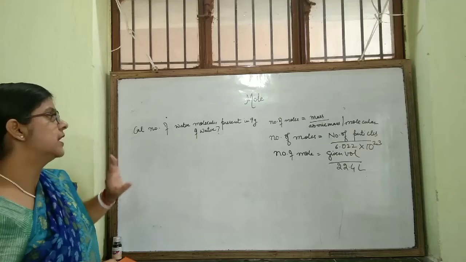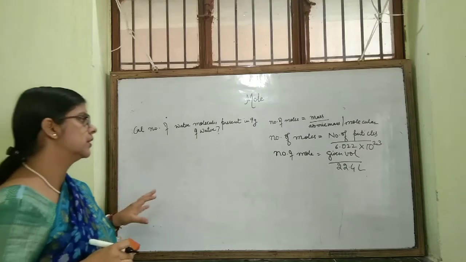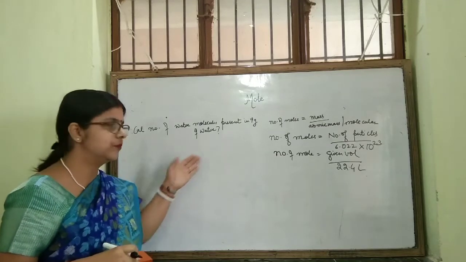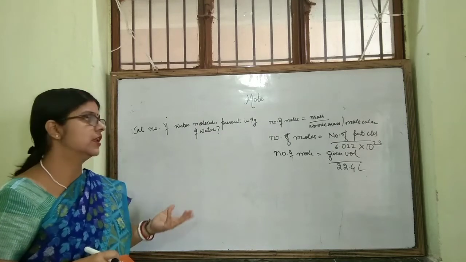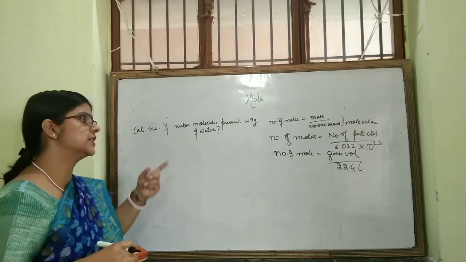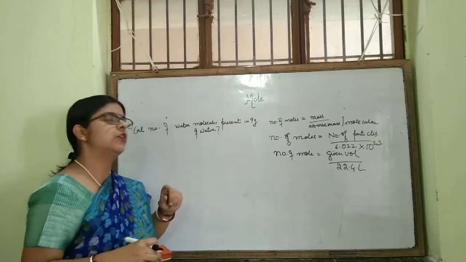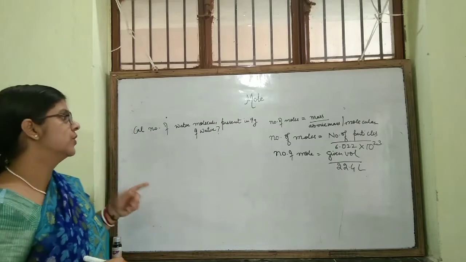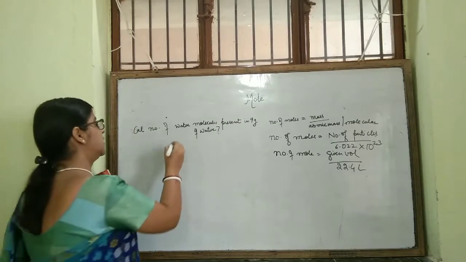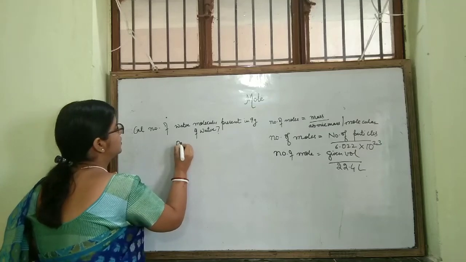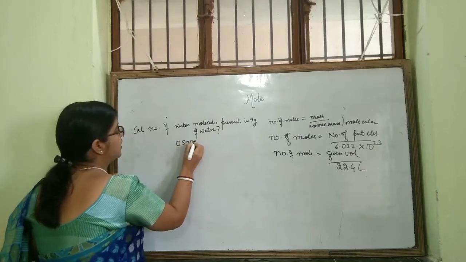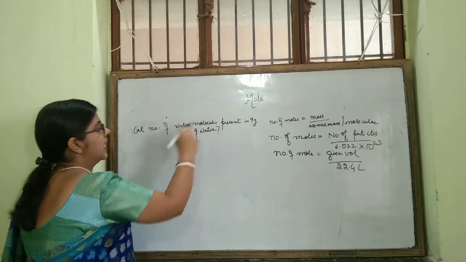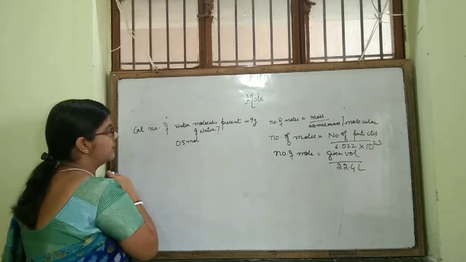We all know that 9 gram of water is equal to how many moles? Just now I had written that number of moles in terms of mass is equal to mass by molecular mass. So 9 gram of water is equal to 0.5 mole. I am not calculating, all of you know, 9 by 18, that is equal to 0.5 mole.